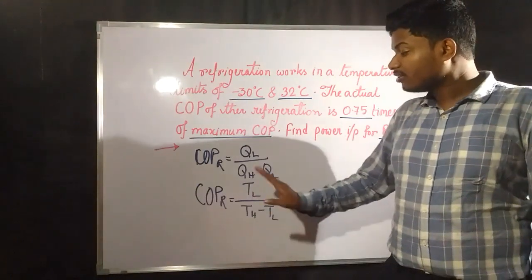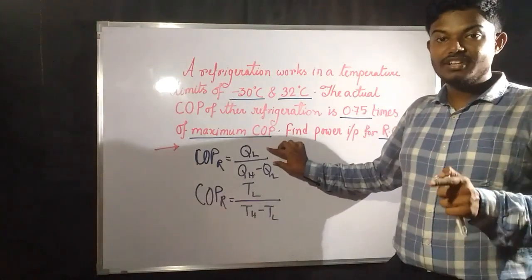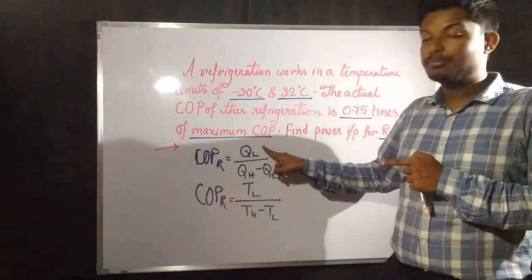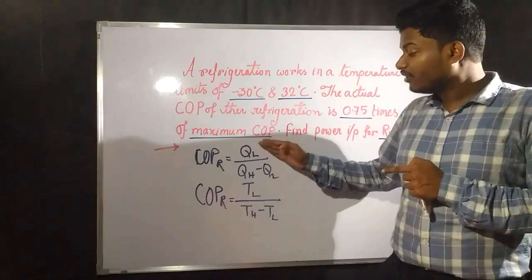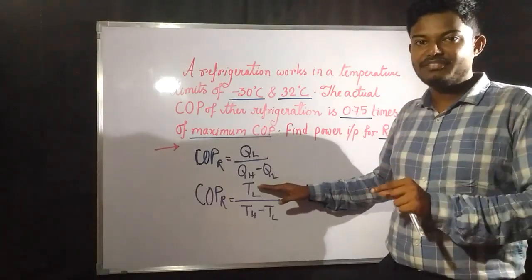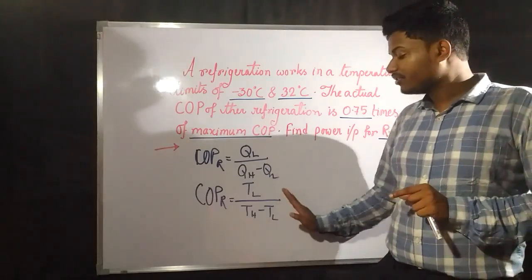Why? Because if efficiency or coefficient of performance is given in terms of heat exchange, and we replace these terms with the corresponding temperatures of those thermal reservoirs, then this gives us the thermal efficiency or thermal coefficient of performance.